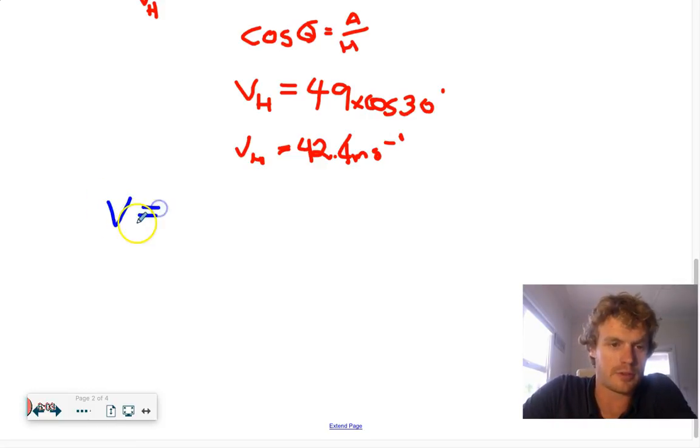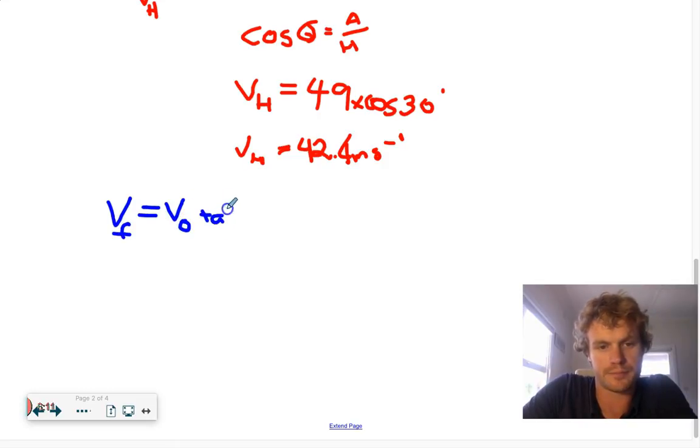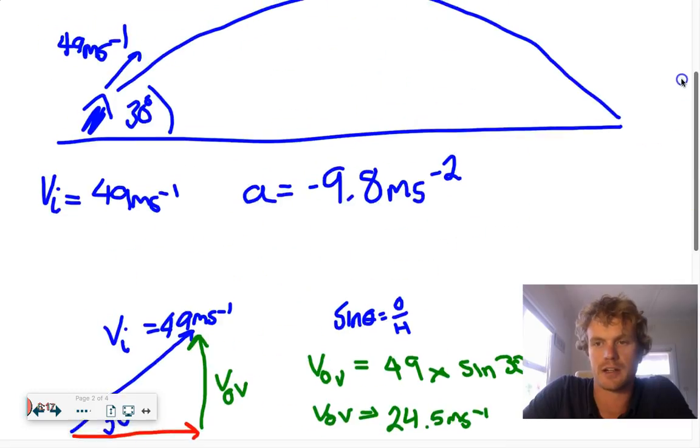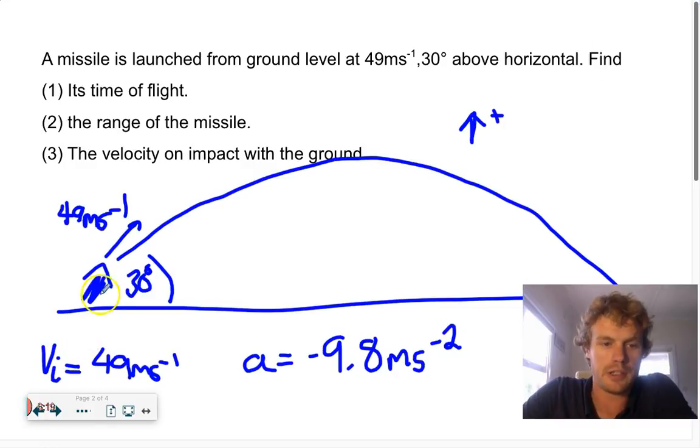V final is equal to V initial plus AT. I'm going to be dealing with the components in the vertical direction for this because that's the direction that the acceleration acts.